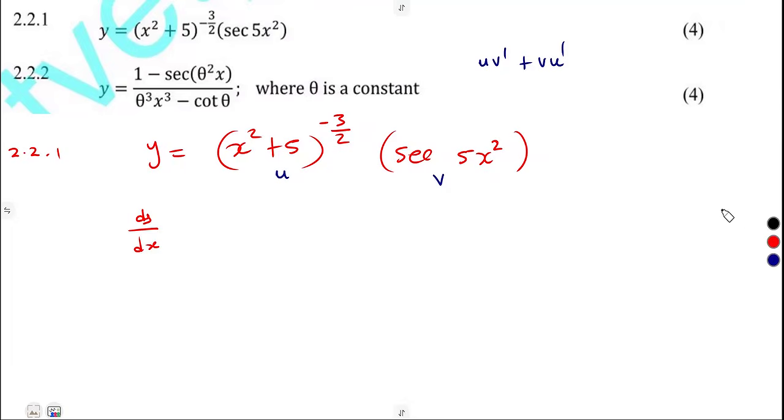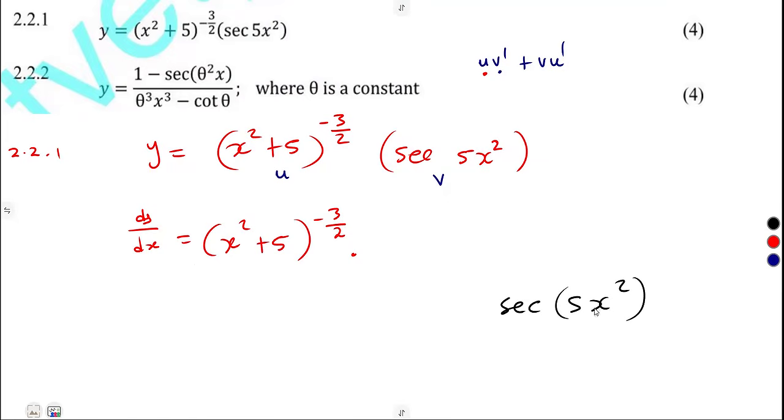So in this case, you're going to take your u as it is, which is this part, x squared plus 5 to the exponent of minus 3 over 2, times the derivative of v. So we have our v here, and we need its derivative. There is a sec of 5x squared.